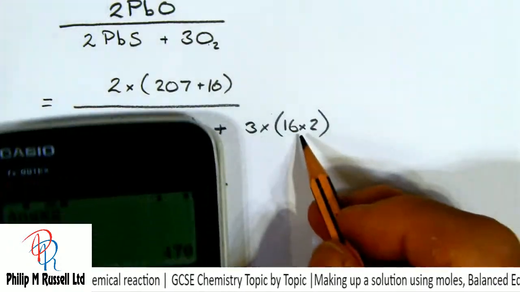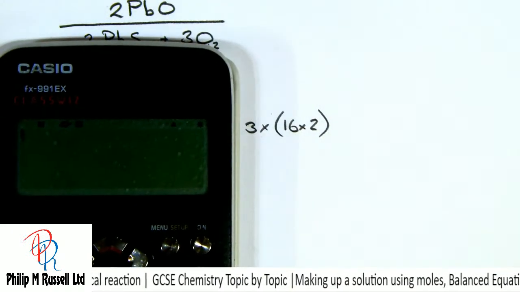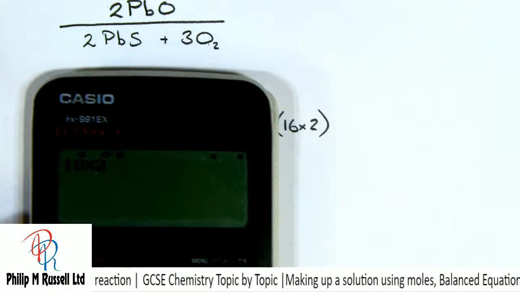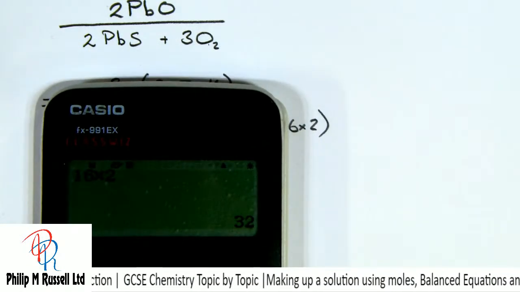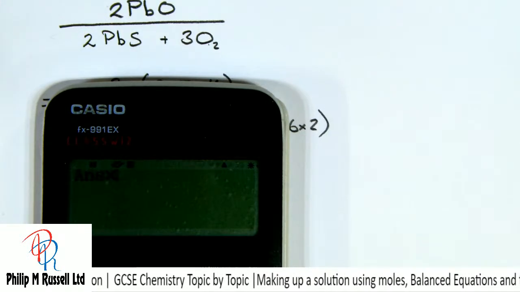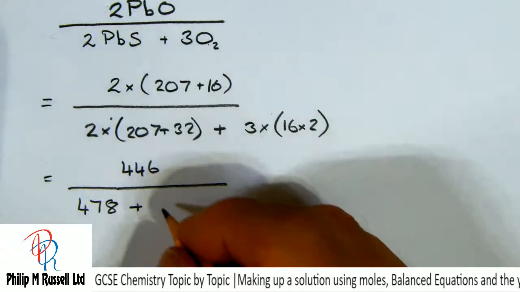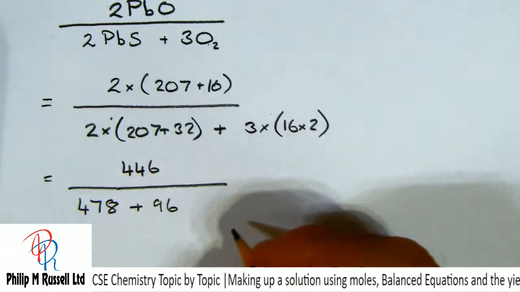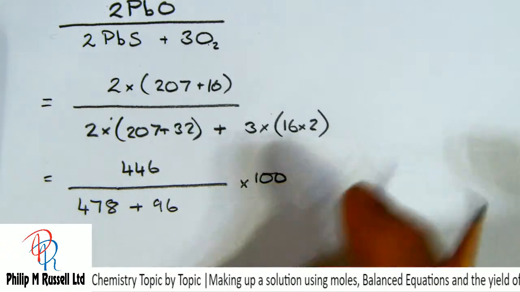Plus 16 times 2, which we know is 32, times by here 3, because I've got 3 of them, which gives me 96. And I'm going to times that by 100%.